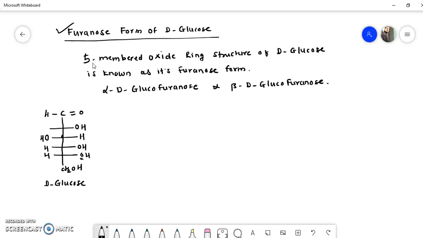Now to obtain its furanose form, we have to form a five-membered ring. If C1 carbon and C4 carbon attack each other, say the hydroxy group of this C4 carbon attacks the carbonyl carbon, there is a formation of a five-membered ring.